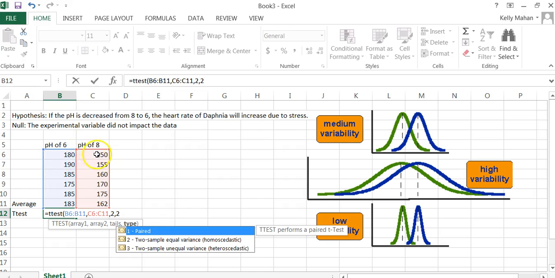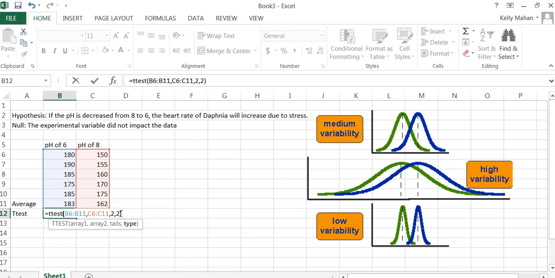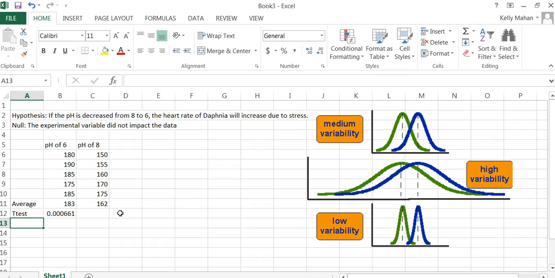So these are the same organism that you're looking at. But here, we picked different organisms, and we have the same number of data points for each experimental variable group. So that's a type 2 sample with equal variance, equal numbers of samples taken, and they're not connected to each other. Okay, so that's the type 2 t-test. So I'm going to put my parentheses in, and it's going to spit out a number.